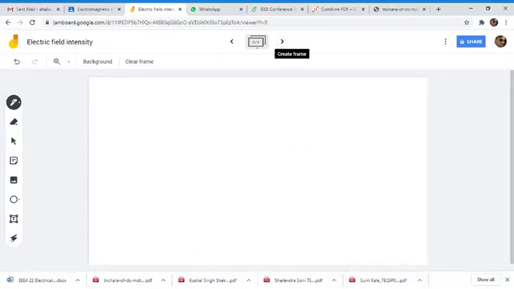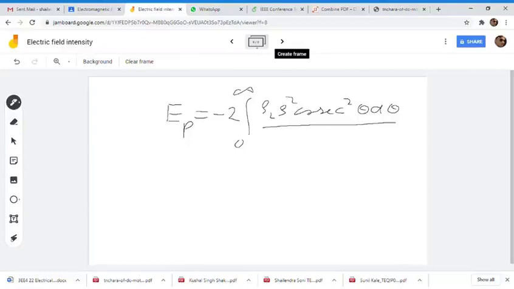So your E, now I am terming it as E at P, because we have considered all the charges from minus infinity to infinity, and this will become minus 2 integral from 0 to infinity, because there is symmetry around the xy plane, so it will be rho L rho square cosec square theta d theta divided by 4 pi epsilon and rho cube cosec cube theta.